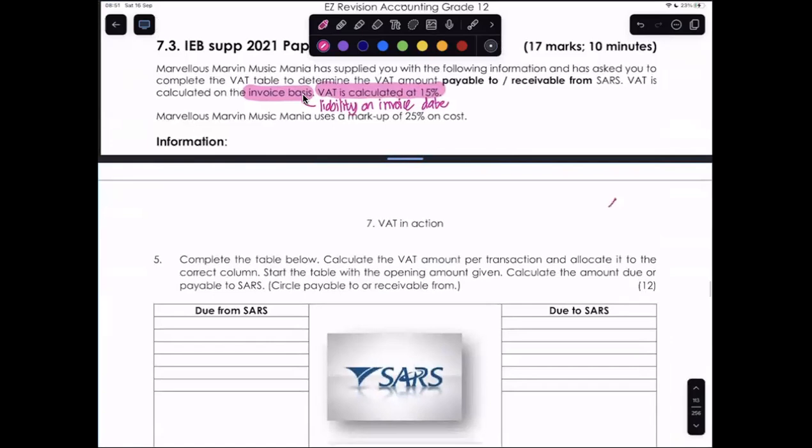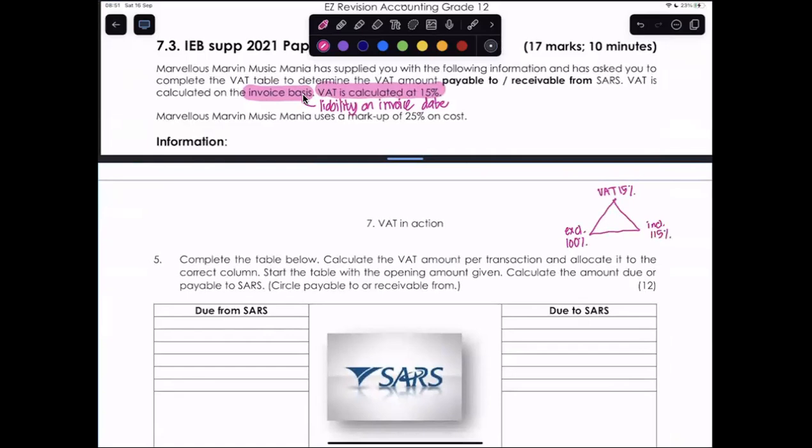So I'm going to put my little triangle over here. I'm going to put VAT 15% at the top. Of course, it doesn't actually matter what corner you use. 15% of what? It's 15% of the exclusive amount. So exclusive will be 100%, and therefore the inclusive amount will be 115%.